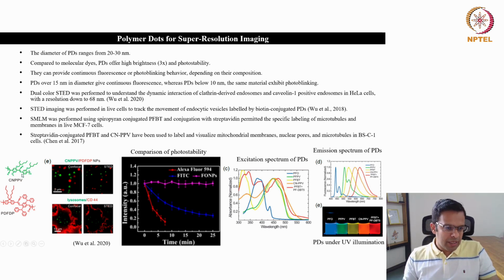Here you can see two polymer dots, one for green fluorescence and one for red fluorescence, and here are the confocal and STED images of both. You can see that in the STED images you can resolve the structure better.